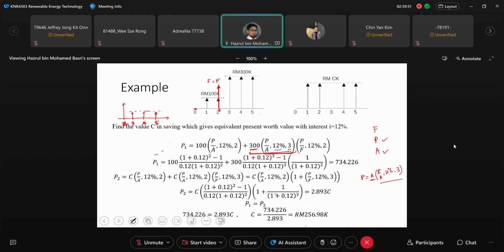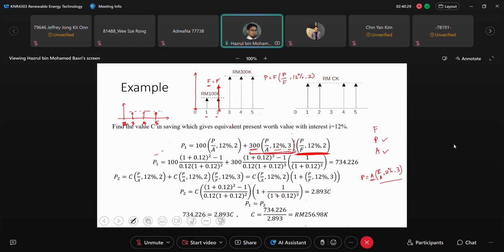In this case, we want to find the real present value given F. So we will use P over F, 12% for how many years? 1, 2, 2 years. This is where this compound interest factor comes into play.